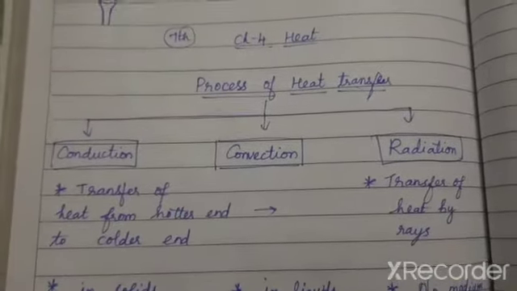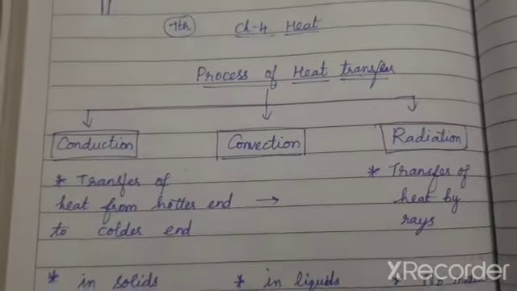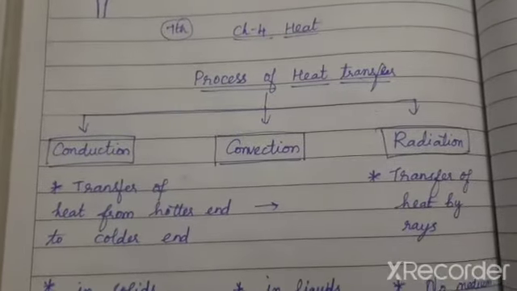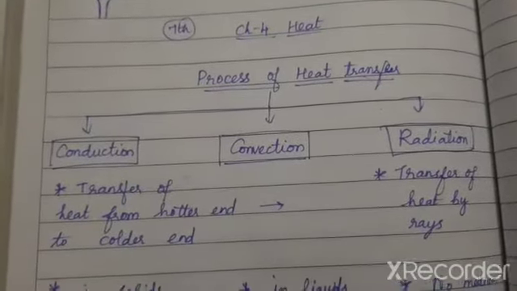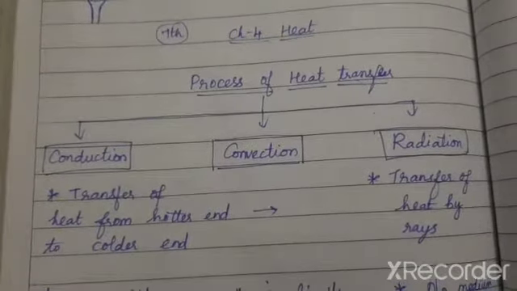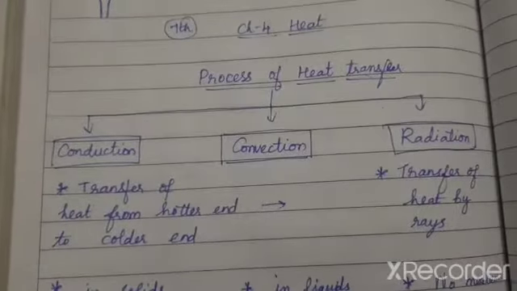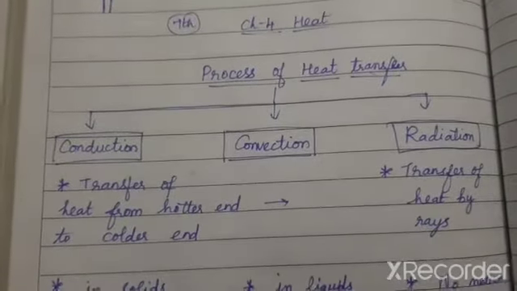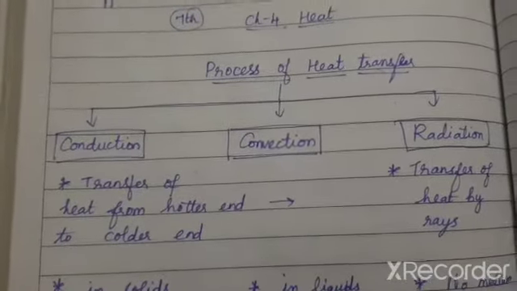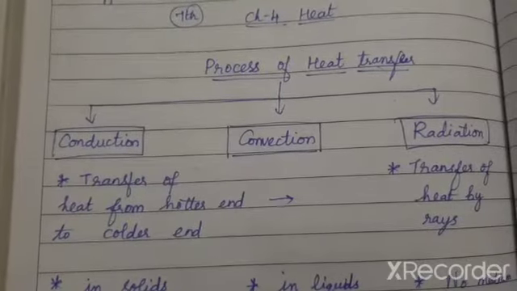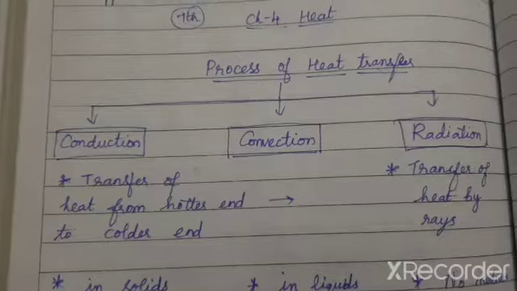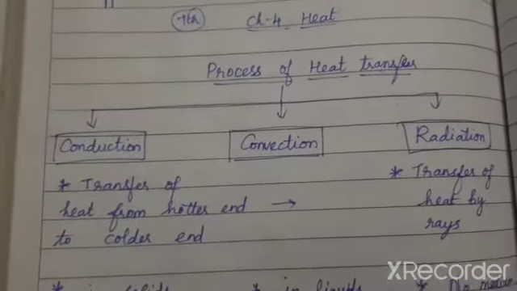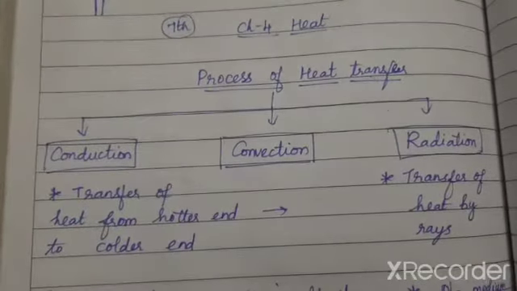Now take the example of boiling of water. You will keep a vessel and you will pour the water which is cold. You will not boil the hot water. You will boil only the cold water. So you will pour the cold water into the vessel and the stove is on. So the heat from the stove will convert the cold water into hot water.